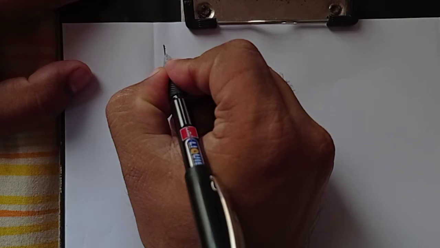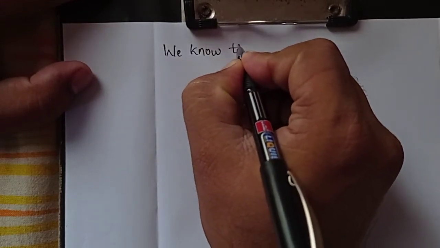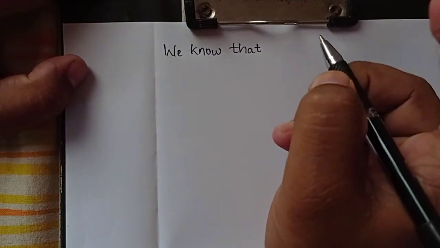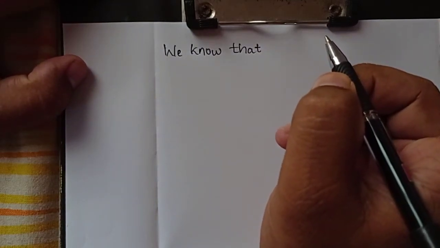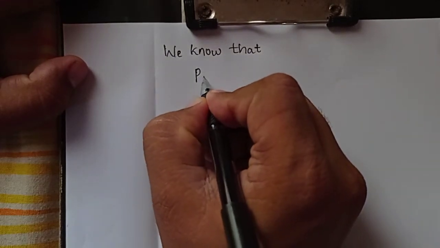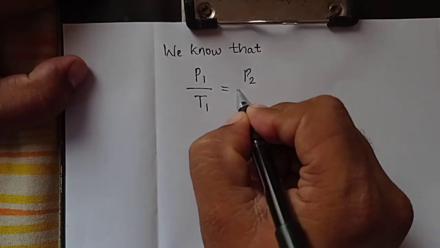We are taking the PVT relationship for a constant volume process. He says the process is constant volume, right? So the PVT relationship, that is P1 by T1 is equal to P2 by T2.